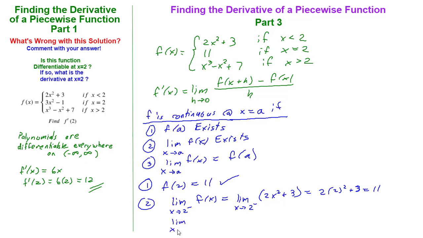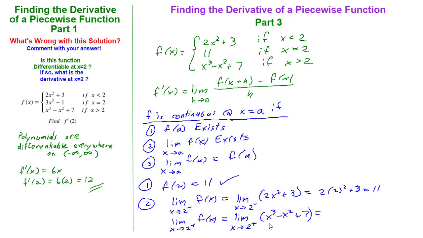And let's look at the limit as x approaches 2 from the right side of our function. If x is approaching 2 from the right, we're going to use the third piece of this function, since that's when x is greater than 2. So we have the limit as x approaches 2 from the right of x cubed minus x squared plus 7.